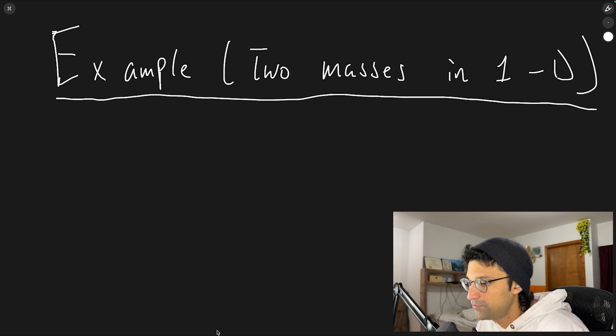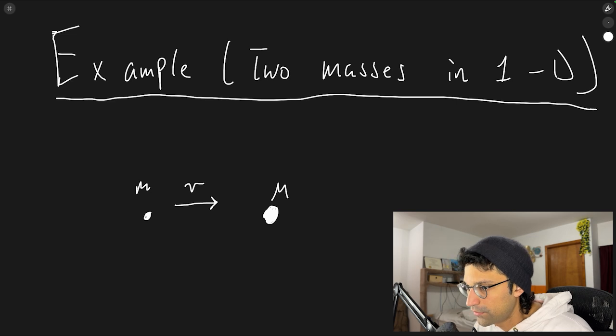We have a mass m with speed v, and it approaches a stationary mass, big M. Okay, it's bigger. So a mass m traveling at speed v approaches a stationary mass, big M. The masses collide elastically, and all the motion is confined to one dimension.